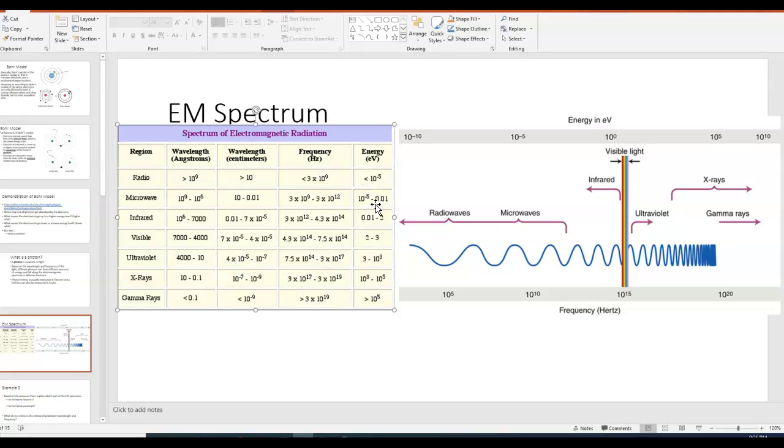Okay, and so microwaves, people are scared of microwaves giving you cancer, but microwaves actually have very, very low amounts of energy compared to other parts of the electromagnetic spectrum. And so that's actually not possible. Microwaves can't give you cancer. Those photons just don't have the energy to do so. You might have heard when you were younger, like, don't stand next to the microwave, you'll get cancer. That's not possible.